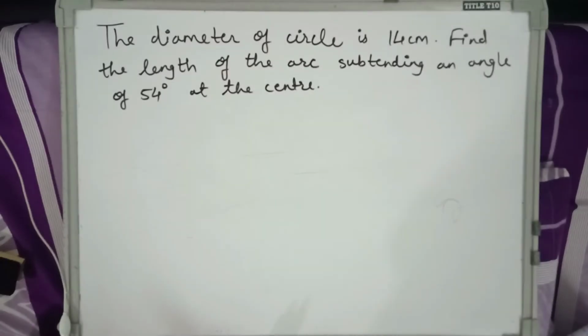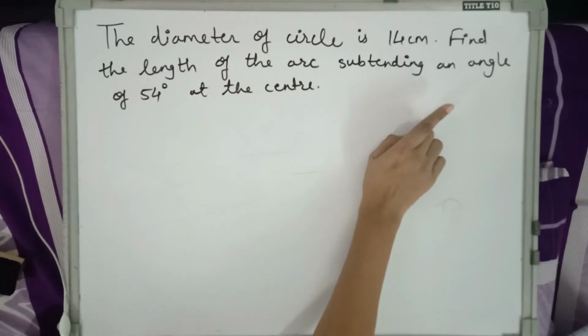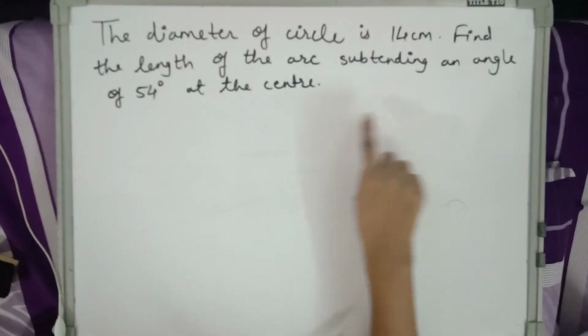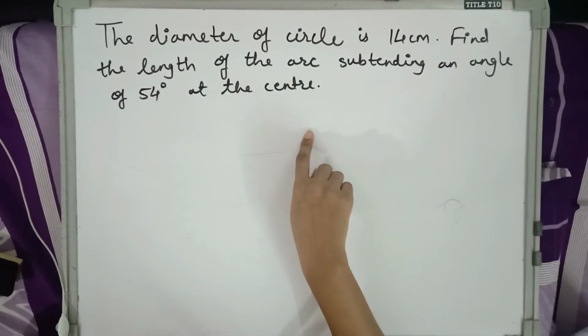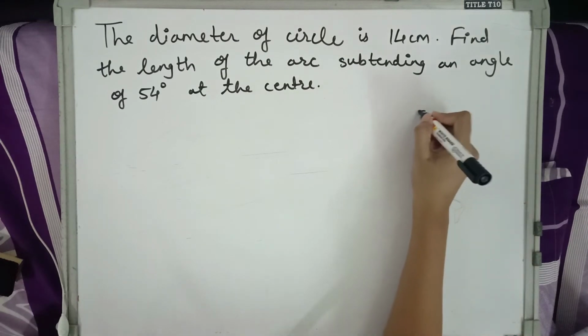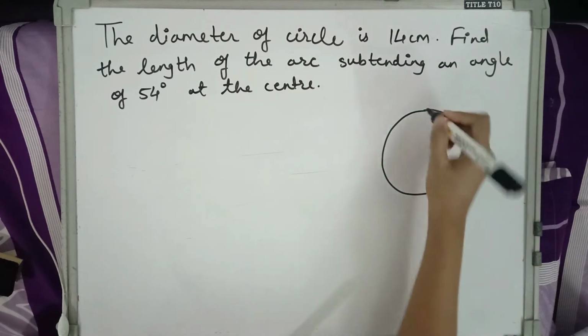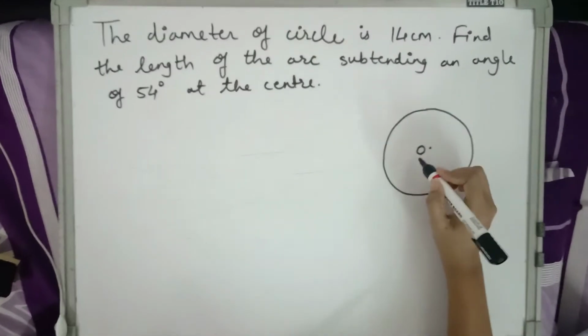See the example. The diameter of the circle is 14 centimeter. Find the length of the arc subtending an angle of 54 degrees at the center. First of all, draw a rough figure. There is a circle whose center is O. Its diameter is 14 centimeter.